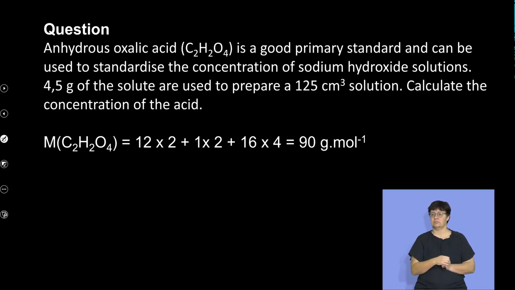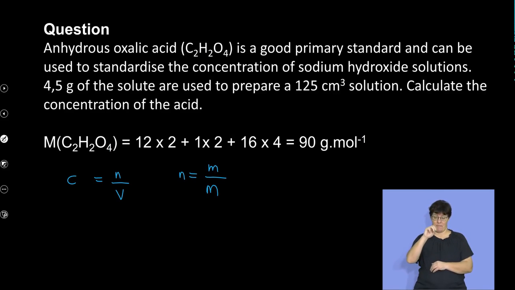Now, remember, if we are to determine the concentration, we know that concentration of a substance is equal to number of moles over volume. But we have to first of all determine the moles, and we know that the moles of a substance is equal to mass over molar mass.